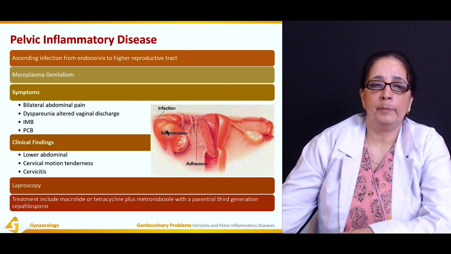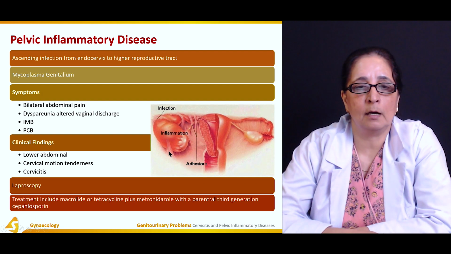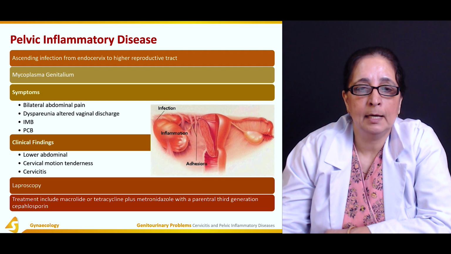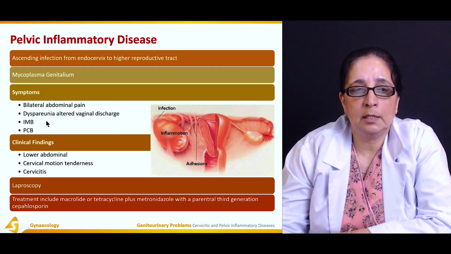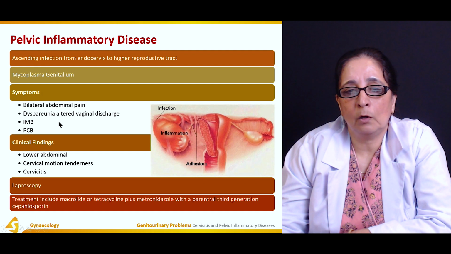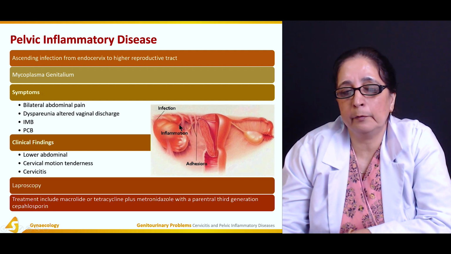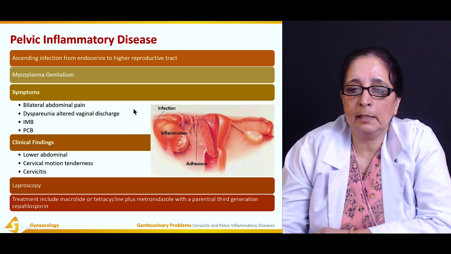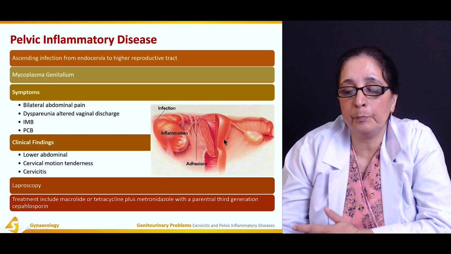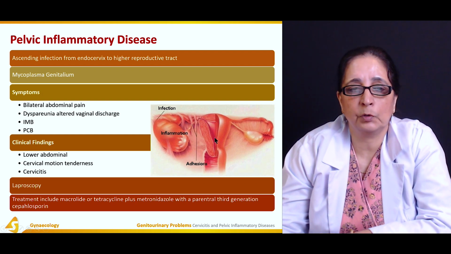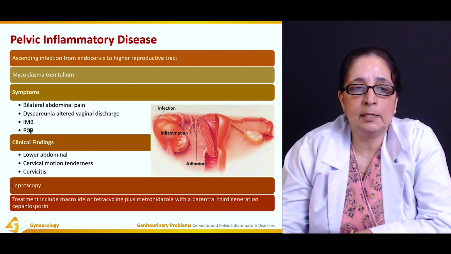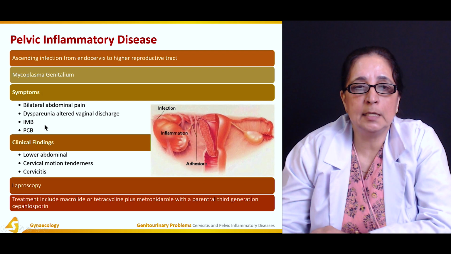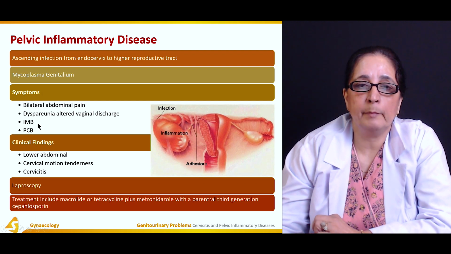The symptoms of pelvic inflammatory disease are bilateral abdominal pain on both sides, and dyspareunia along with vaginal discharge. Dyspareunia means painful intercourse. Usually the females complain that they have very bad pain during sexual intercourse. Then there is intermittent menstrual bleeding.